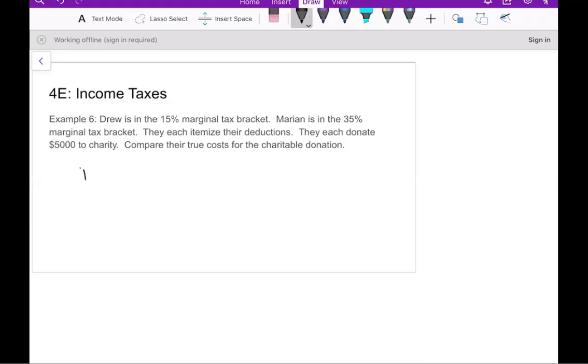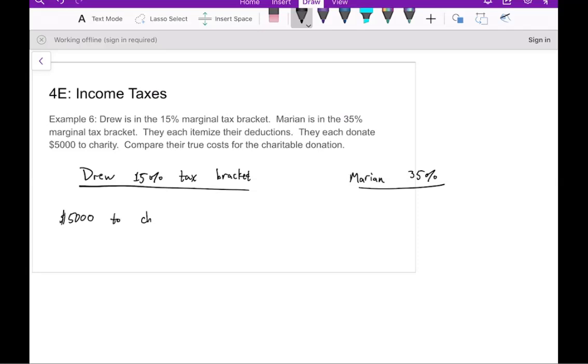We have Drew, who's in the 15% tax bracket, and Marion in the 35%. They each donate $5,000 to charity. And of course, this is a tax deduction.